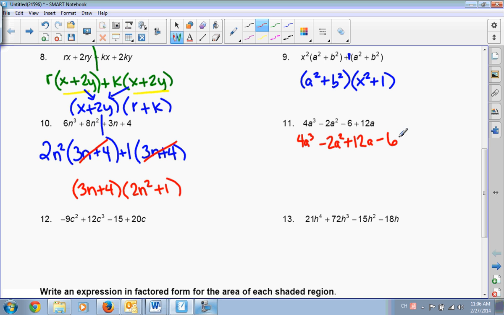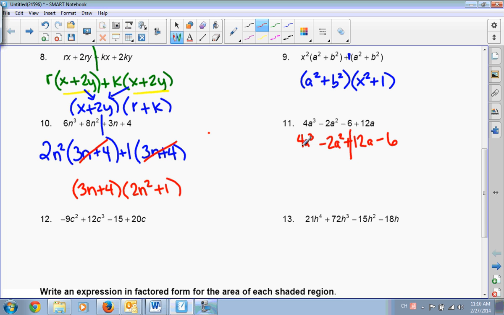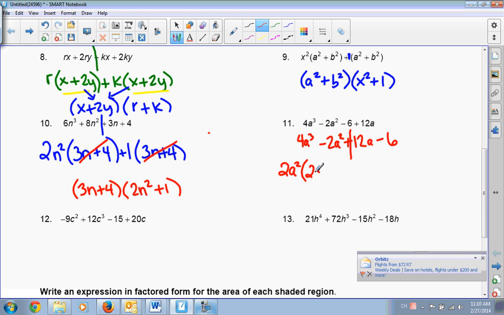So now I want you to factor this right here. Split it and group. Okay, so what do the front two terms have in common? 2 and a squared. So we have 2a minus 1. You cannot just put 2a. We pulled out the 2 and the a squared, but there's still a negative sign.